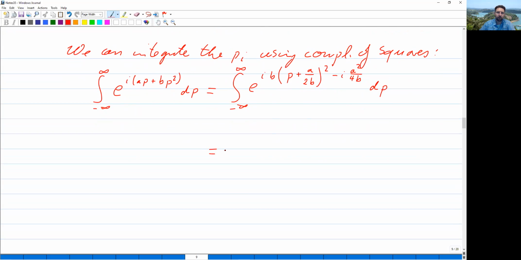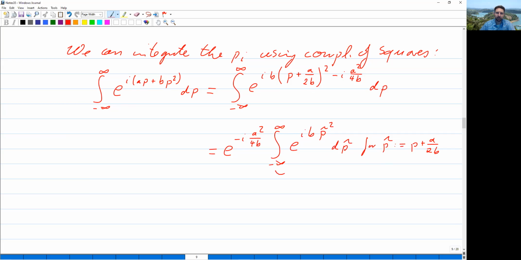So we can pull this in front, and we have e to the power minus i a² divided by 4b, and then the integral from minus infinity to infinity, e^(ib p tilde²) dp tilde, for p tilde equal to p plus a over 2b. Because the integration measure doesn't change, and also the boundary doesn't change, we can write it like this.